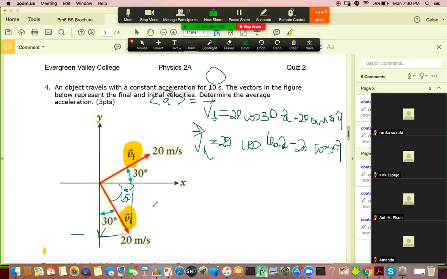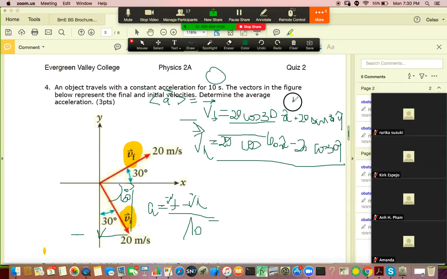Now, the definition of acceleration is final velocity minus initial velocity, divided by the time, which is 10. Then what you do, you subtract those two vectors, VF minus VI. So it's 20 cosine of 30 minus 20 cosine of 60 in the x direction, plus 20 sine of 30 minus 20 cosine of 30 in the y direction.